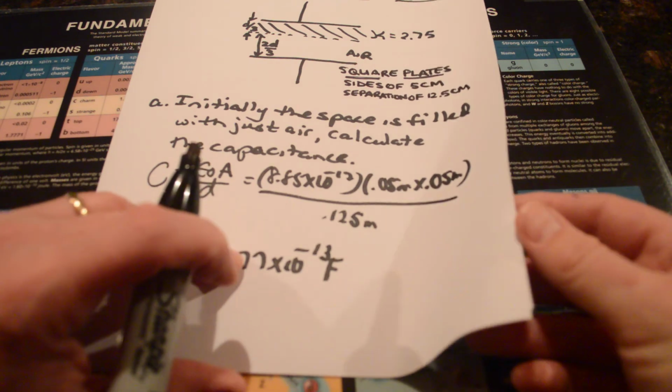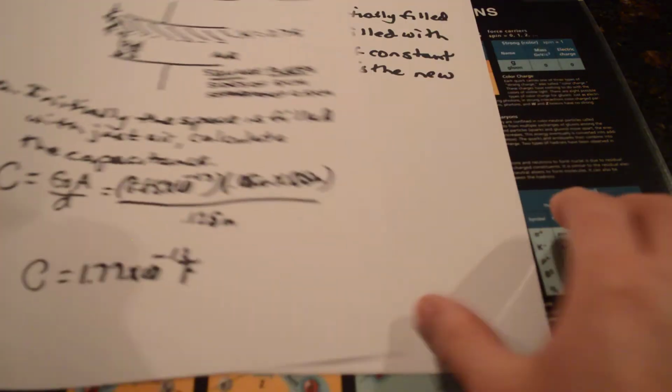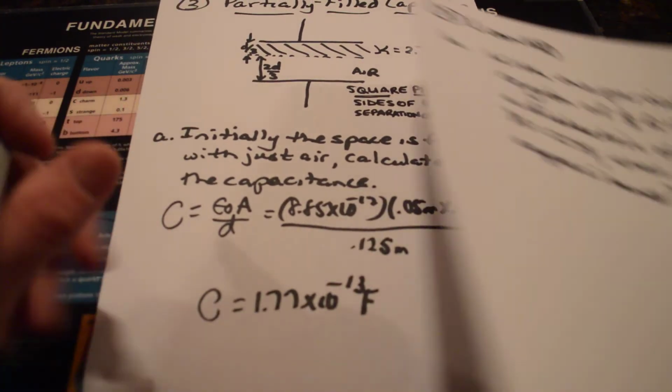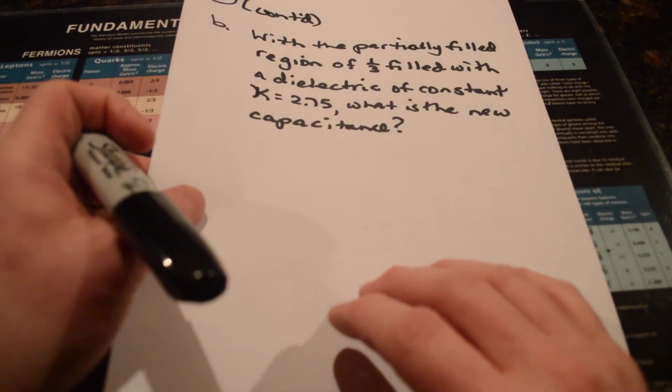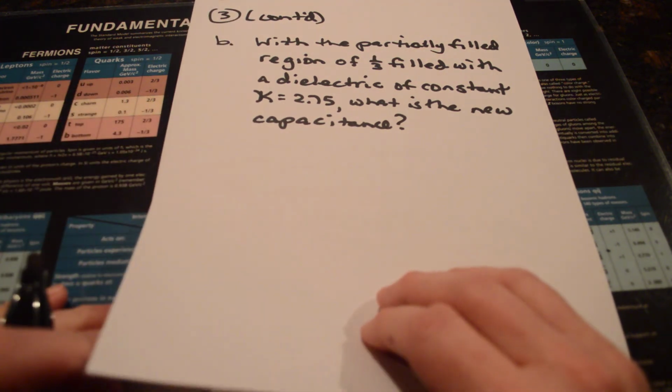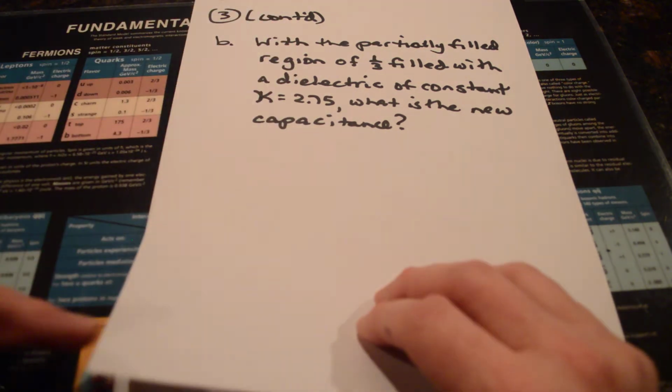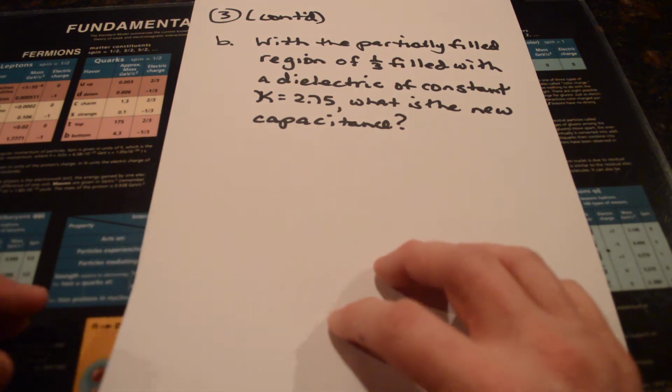The last step is to see what happens if the capacitor is partially filled. How is that value going to change? It says, with the region filled 1/3 with a dielectric constant of 2.75, what's the new capacitance?